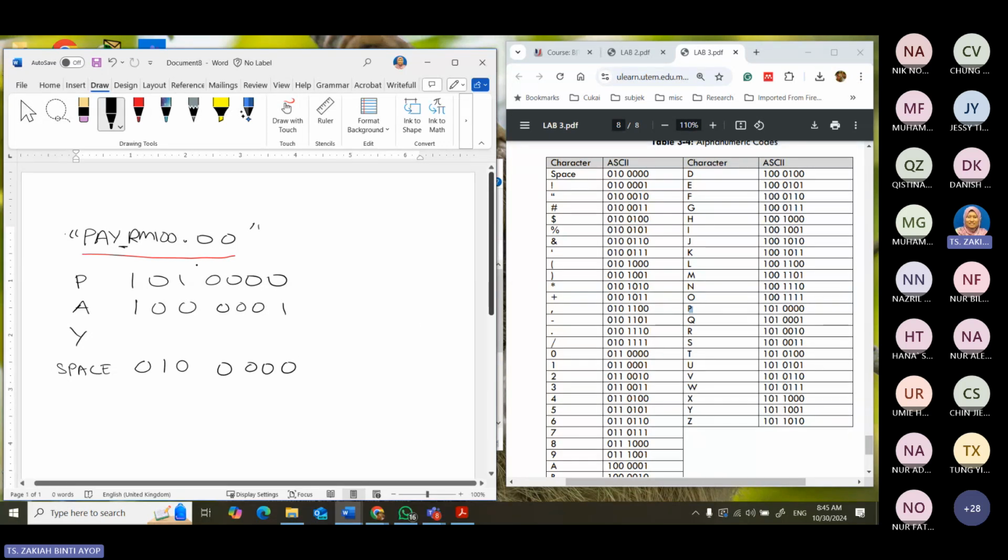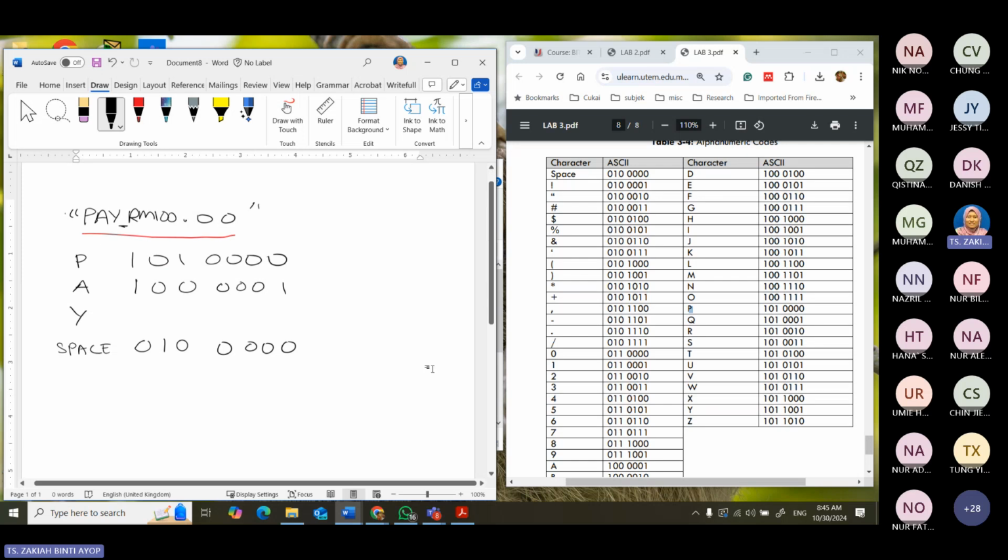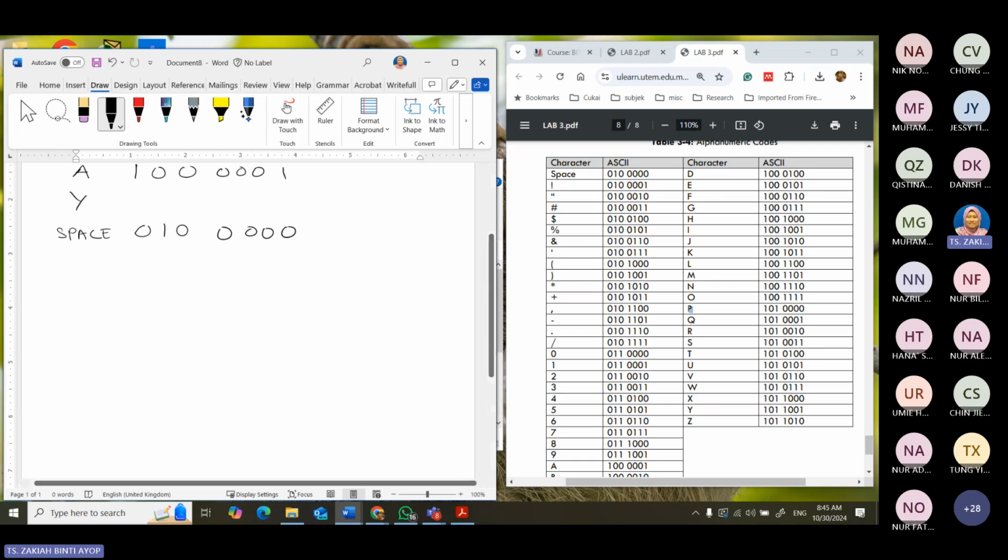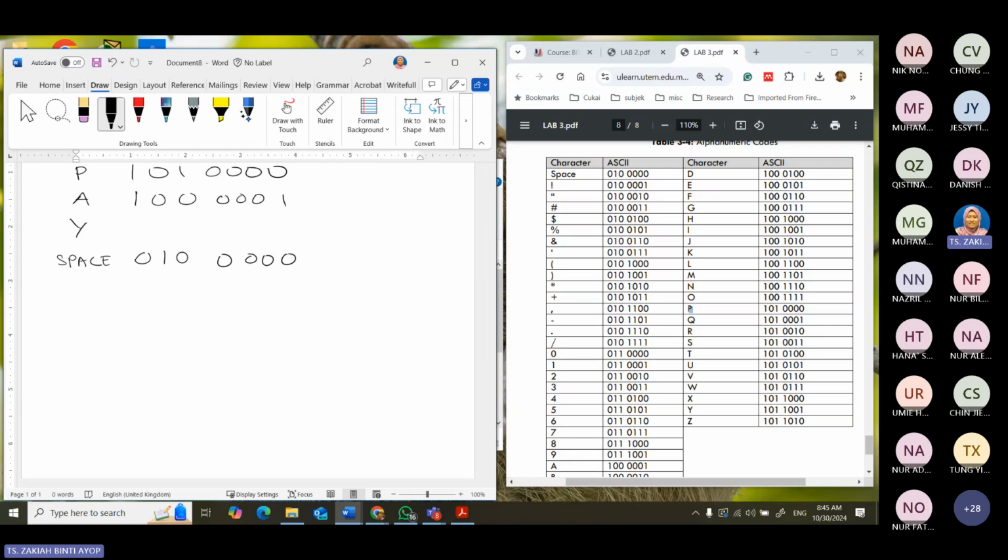Then there's RM 100 ringgit. Dot is represented by this code, 010. Once you have finished finding out the characters, it's time to combine them all together.